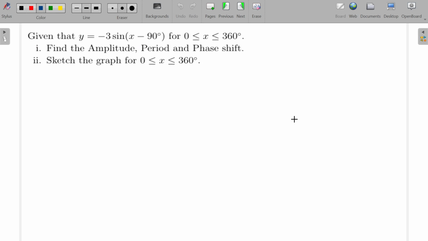Okay, so now let us look at another question. This is one of those questions which they usually bring. Most of the times they usually bring these ones. Sketching. So when they tell you to sketch a trigonometric function, the first question they're going to ask you is to find the amplitude, the period, and the phase shift.